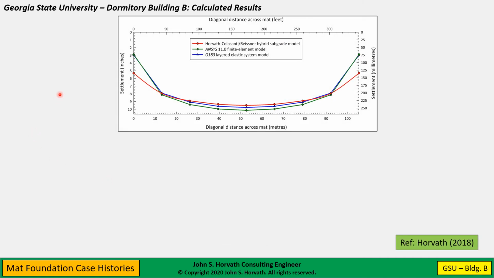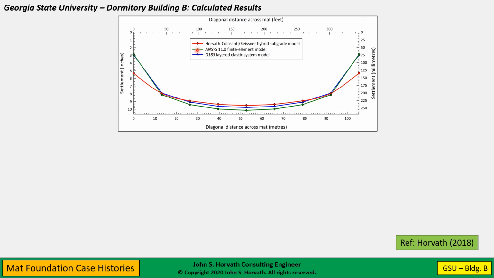If we look at some of the calculated results, this first set of results, an obvious question is, well, how does this hybrid subgrade model compare to more exact models? Because we were just looking at a uniformly loaded rectangular area, we were not modeling the superstructure. We could look at some more advanced models.